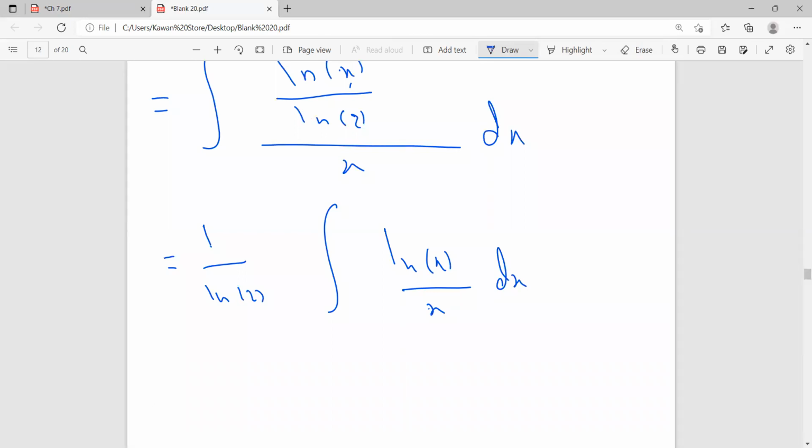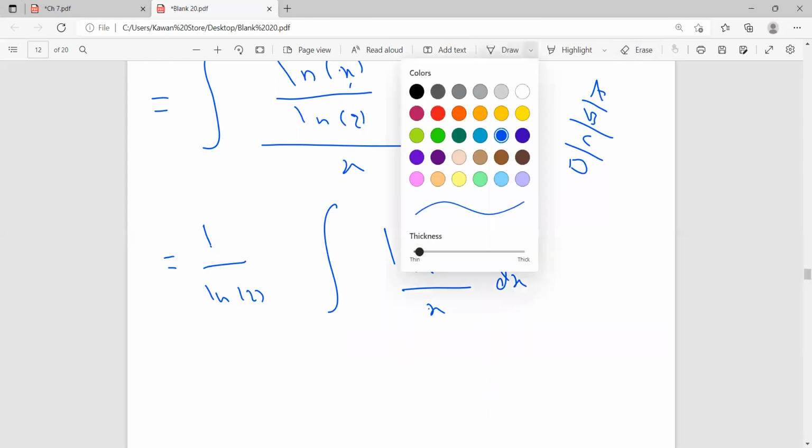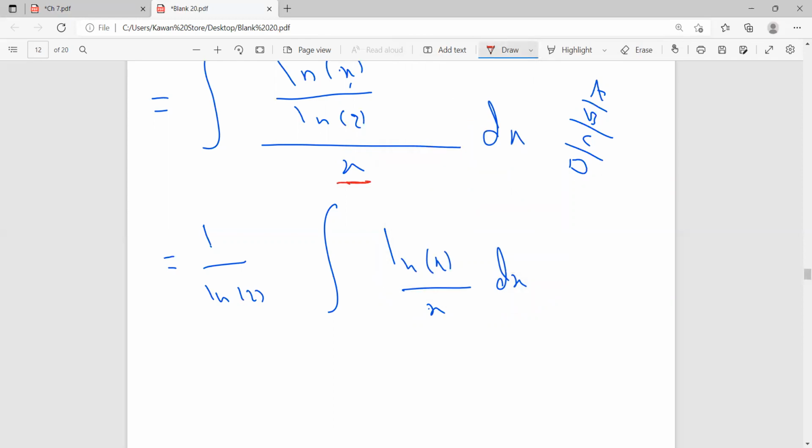Because I know this is A over B over C over D, I can bring the constant Ln 2 out, but I cannot touch the x.